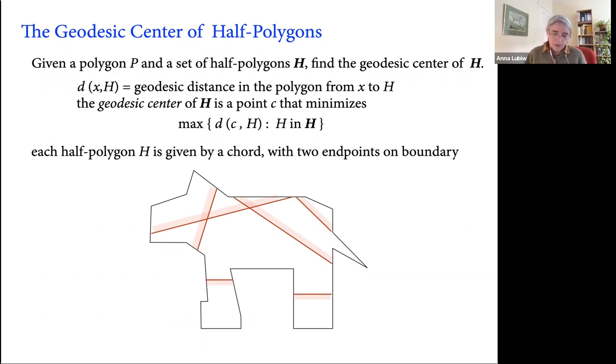So for that, what I mean is that the distance from a point to some half polygon is the geodesic distance. So when I say D, I'm talking geodesic distance always. And then the geodesic center is a point C that gives me the minimum of the maximum distance from that point to any of the half polygons. Yeah, so any question about that statement of the problem?